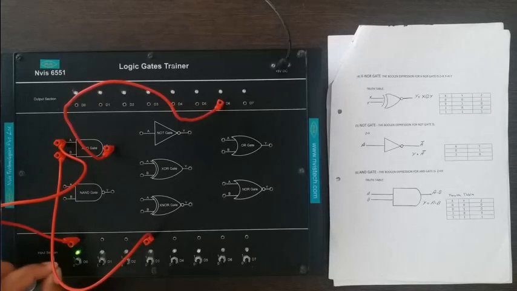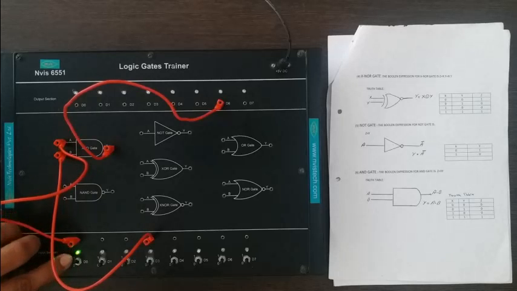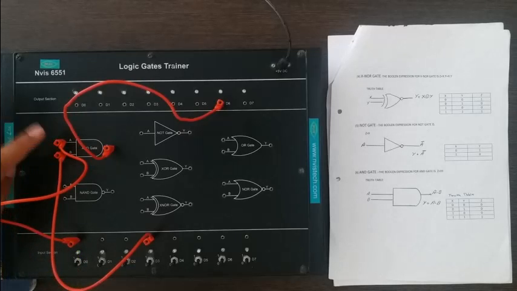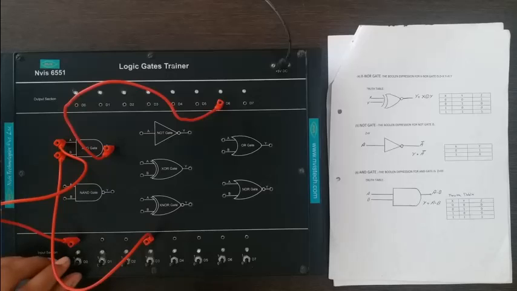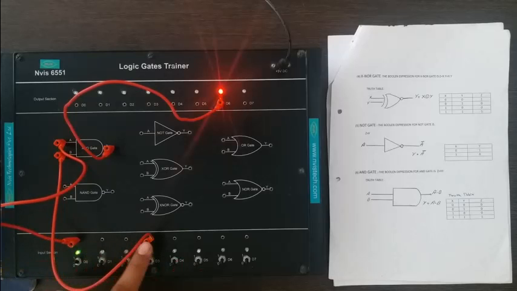When your input is high, meaning 1, then this LED will glow, which means your input is going high, meaning 1. When this is 0, your input is low. So first input from here, second input from here. You can connect this terminal anywhere for your convenience.